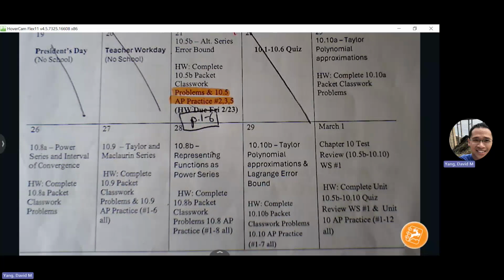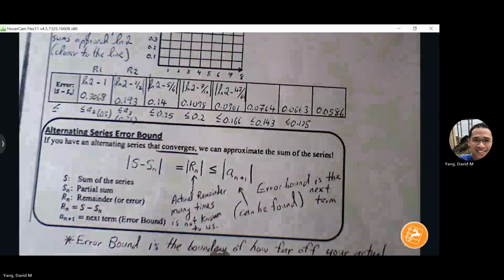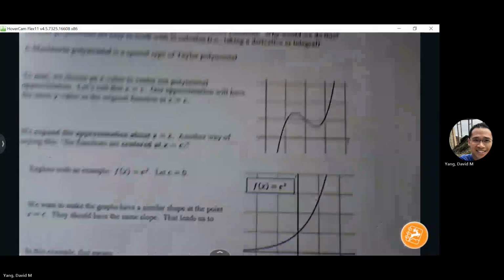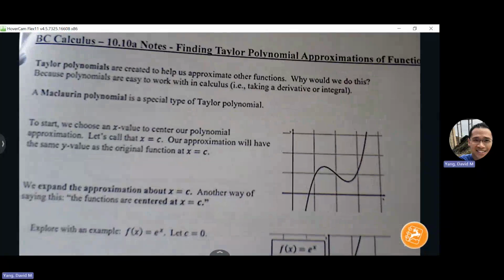So today is about Taylor polynomial approximations. Let me just go through some of the notes here.